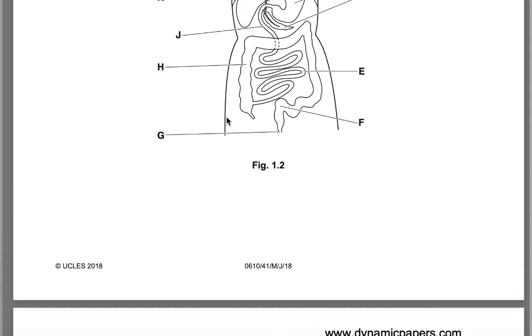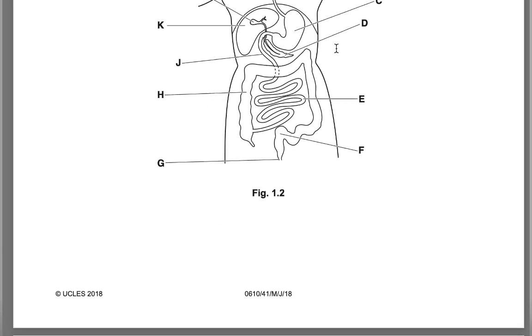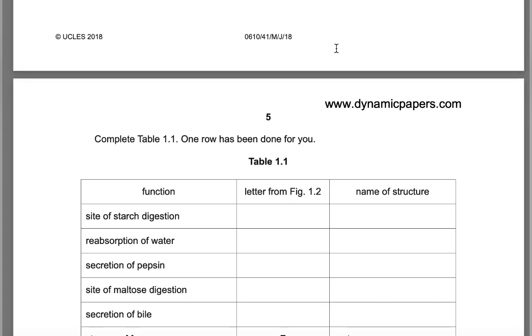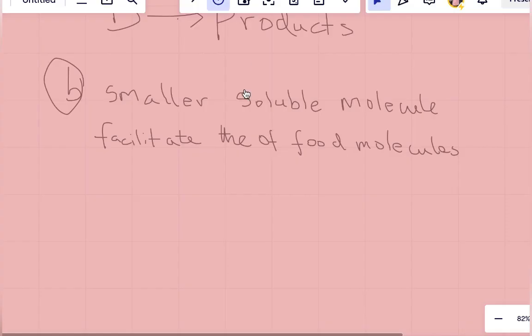So we go to the letter for the mouth, letter A. The small intestine starts from letter J and letter E. So for the site of starch digestion, we say letters A, J, and E.